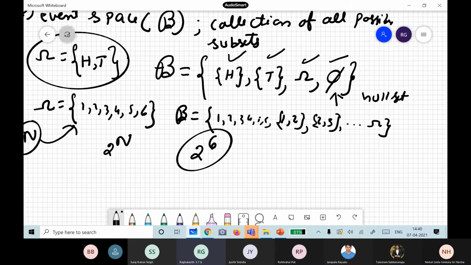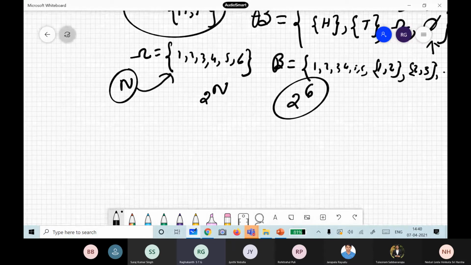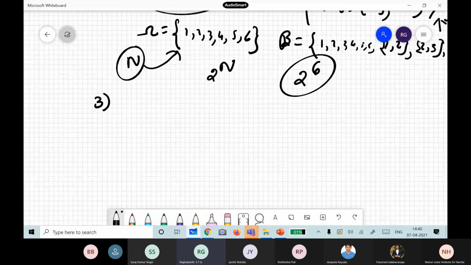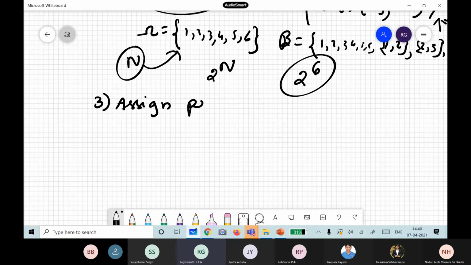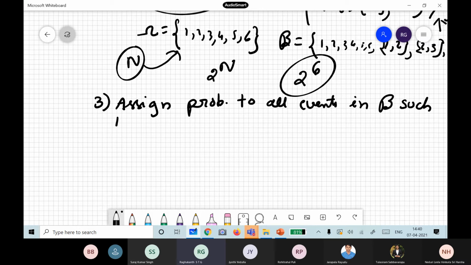Now you have the sample space, then the event space, and the third one: you have to assign probabilities to all events in the event space such that this definition holds. The first axiom: the probability of any event should be greater than or equal to 0.